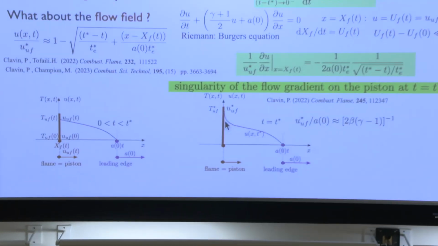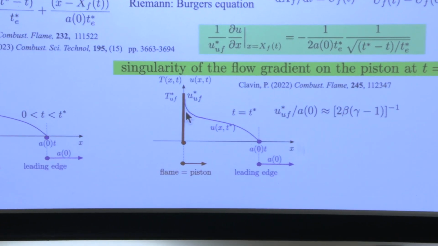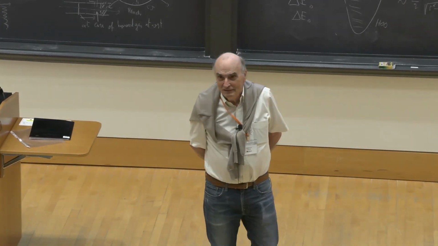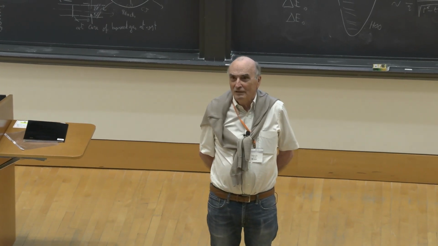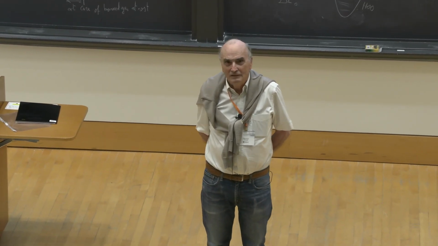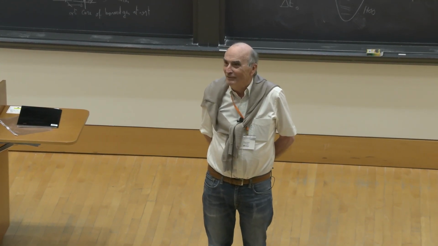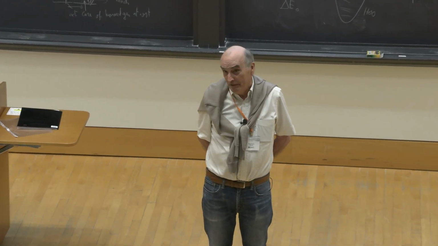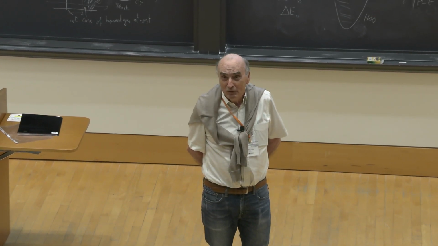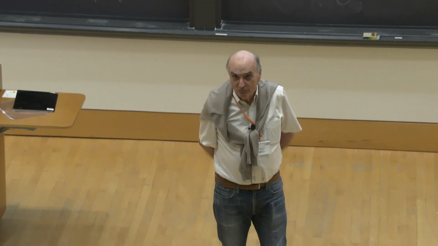This is a gradient, and now I can let you anticipate what is going to occur. When the gradient of the velocity diverges, what is going to occur? Nobody? Yes, a shock is going to be created. Remember when we were studying the formation of the shock?